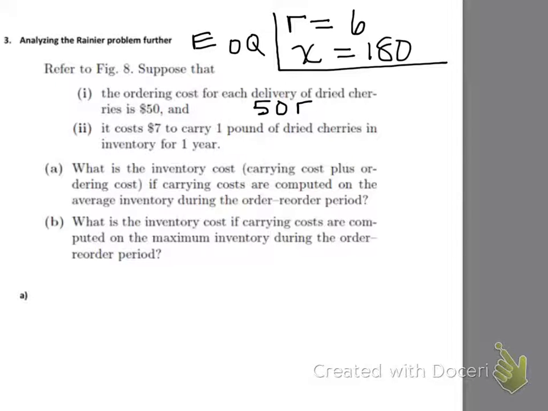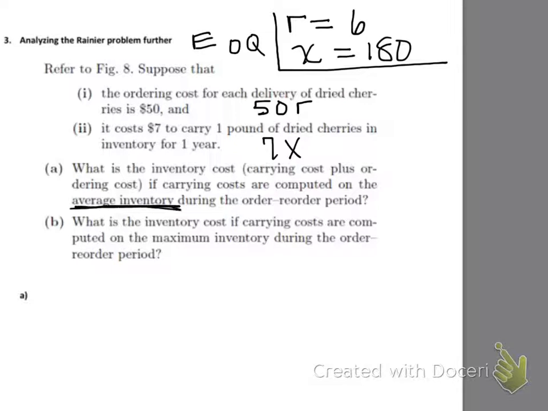And then secondarily it says, it costs $7 to carry 1 pound of dried cherries in inventory for 1 year. So that would be 7 times X, the number of dried cherries in an order. Part A says, what is the inventory cost for this problem if carrying costs are computed on an average inventory?